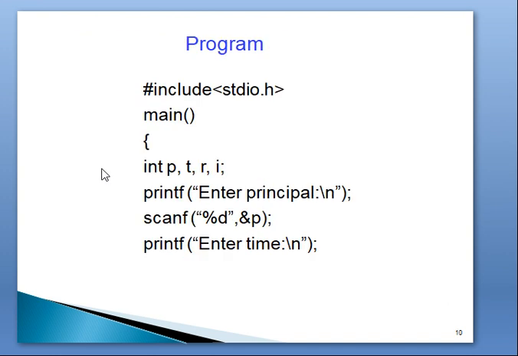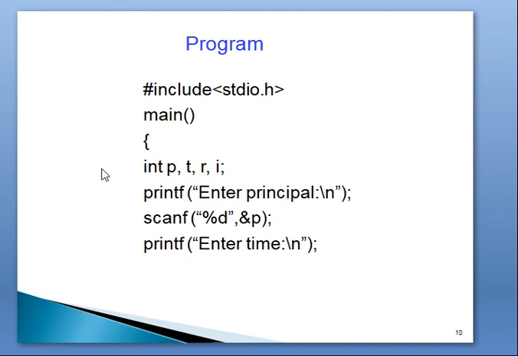It is a simple program to find simple interest. In the first line, we wrote #include <stdio.h>, then the main function. We declared the variables p, t, r, I, four variables. printf with a control string: enter principal amount.